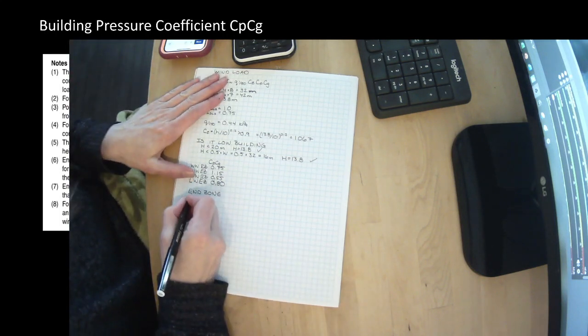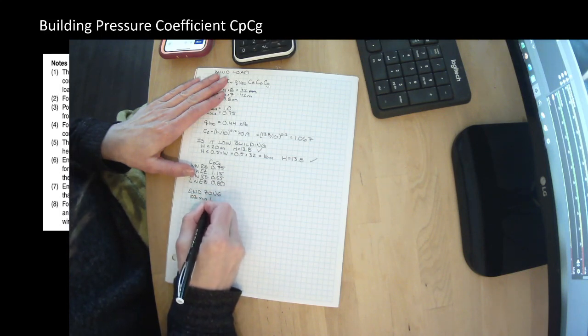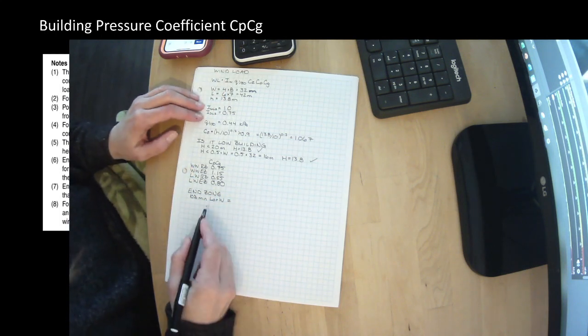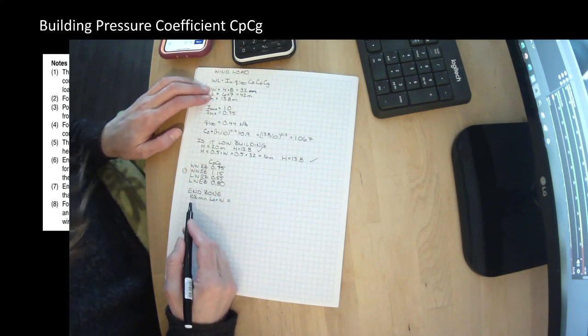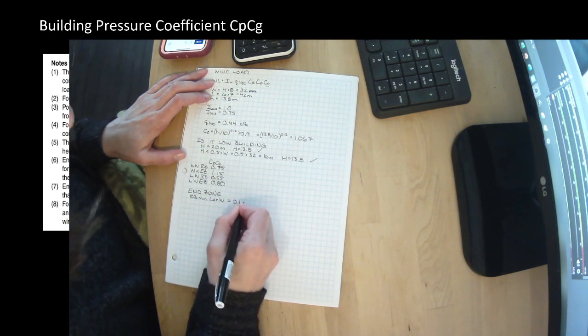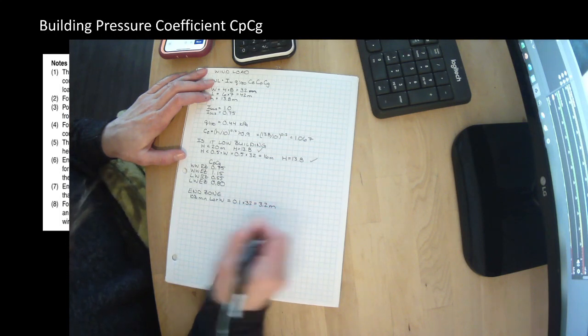So we have 10% of min L or W. Well, W is less than L, and we want 10% of that. So 0.1 times 32 equals 3.2 meters.